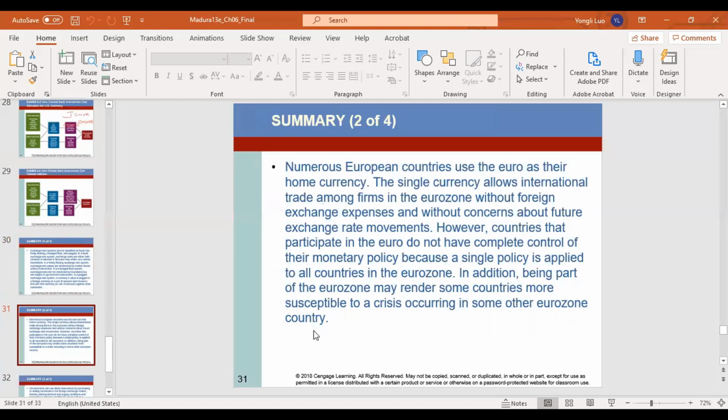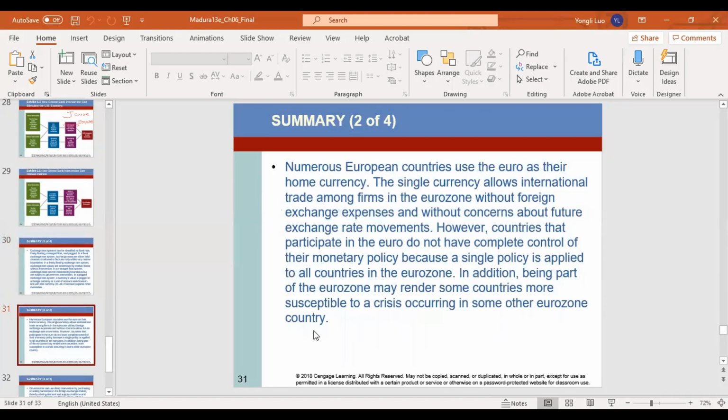Numerous European countries use the euro as their home currency. This single currency allows international trade among firms in the Eurozone without foreign exchange expenses and without concerns about future exchange rate movements.